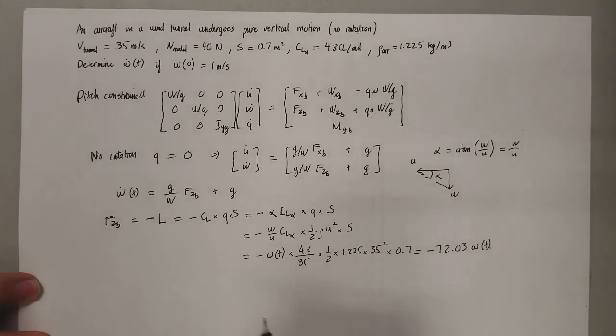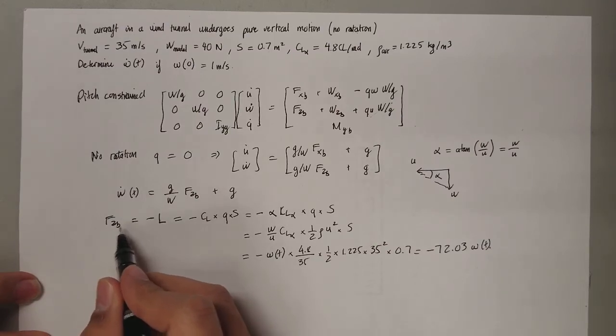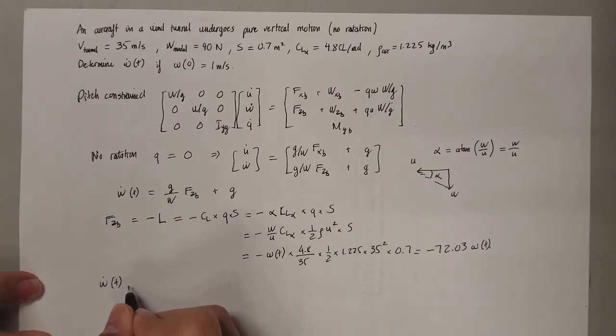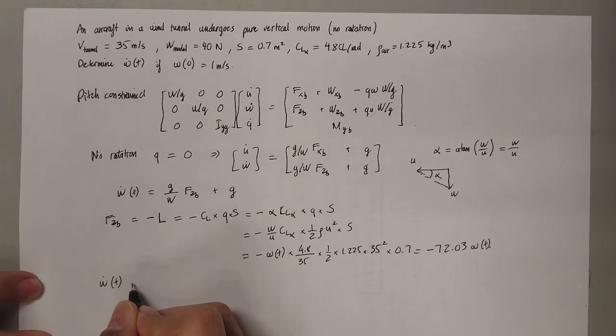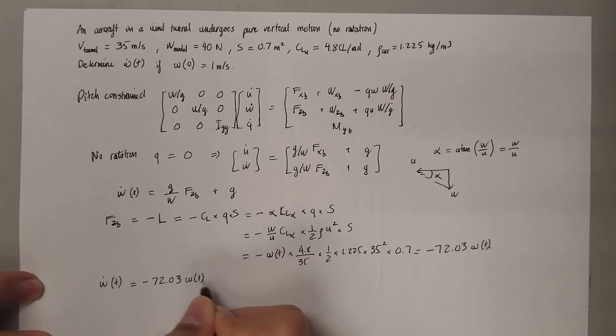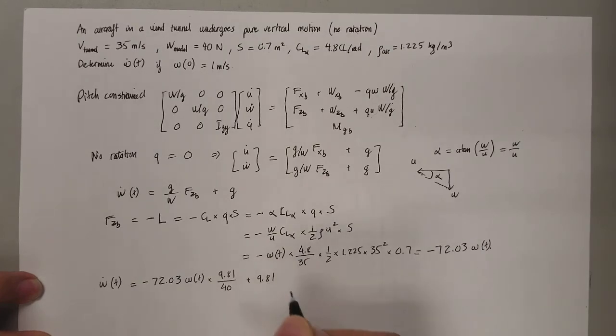And if you put the Fzb term back into the equation, you're going to have W dot(t) equal to negative 72.03 W(t) times 9.81 divided by 40 plus 9.81.